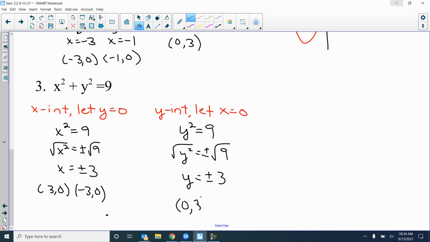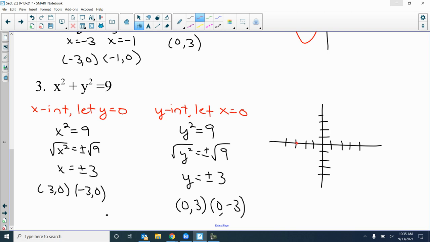That's 0, 3, and 0, -3. So I got 4 points. Those are 4 points that have to be on this graph. Those are 4 solutions: -3, 0, 0, 3, 3, 0.